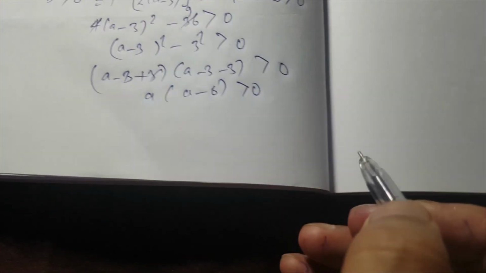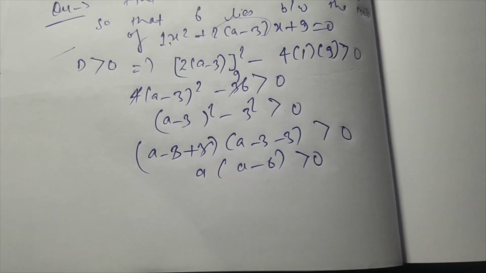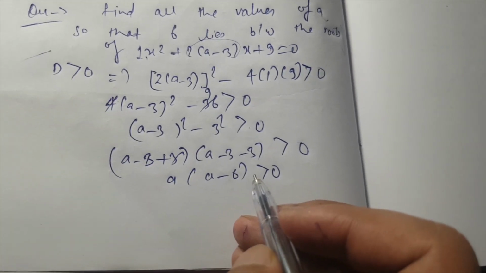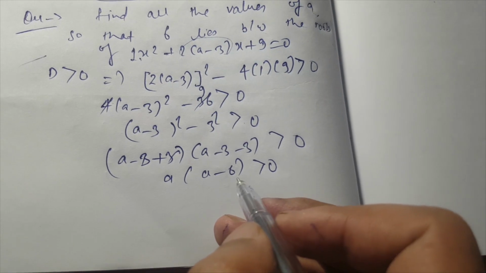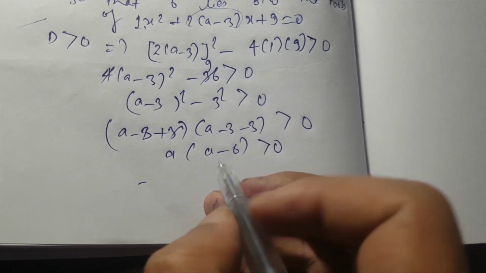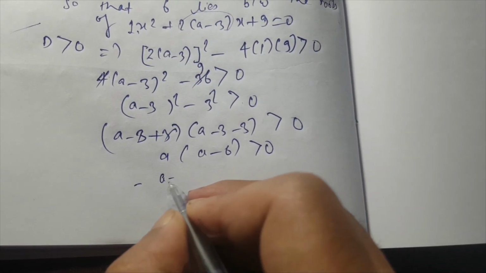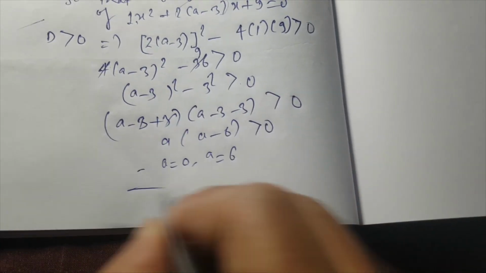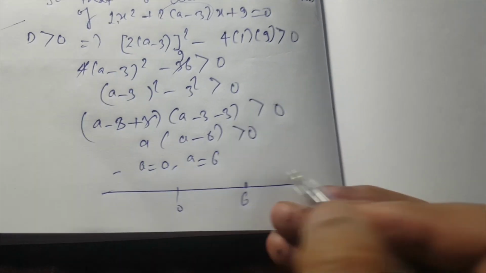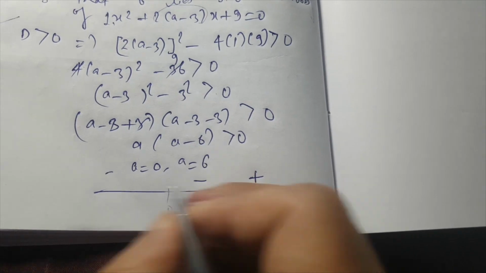Now if we have reached this point, most probably you already know how to solve these inequalities. First of all, we write the critical points, which are a equal to 0 and a equal to 6. We will plot these on the number line. This is 6, this is 0, and from the rightmost part we label it positive, then negative, then positive.